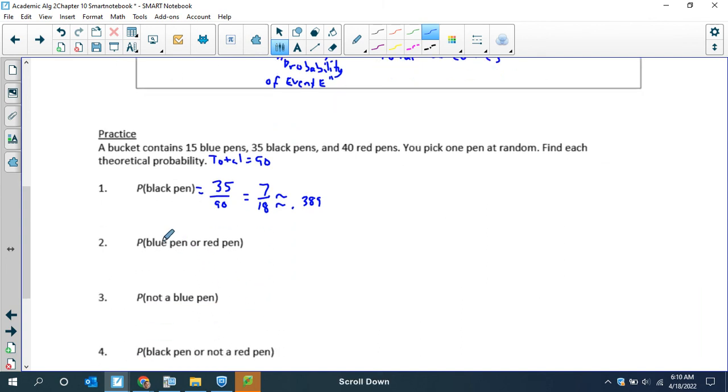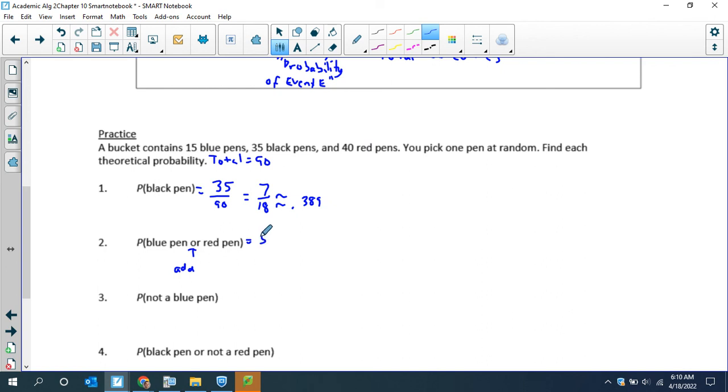All right, the probability of a blue pen or a red pen. When we're talking about ors in probability, if I want blue or red, I would be adding those two together. So my blue is 15, my red is 40.